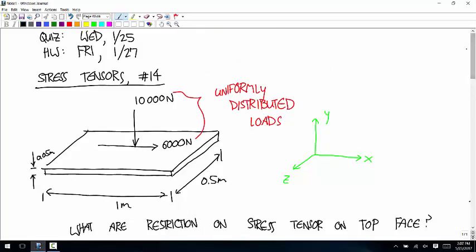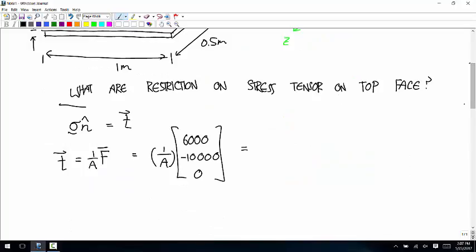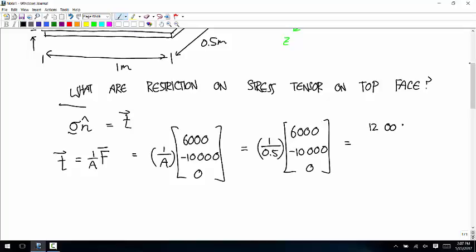Area of that face is 1 times 0.5. So that's 1 over 0.5 times 6,000, negative 10,000, 0, or 12,000, negative 20,000, 0.